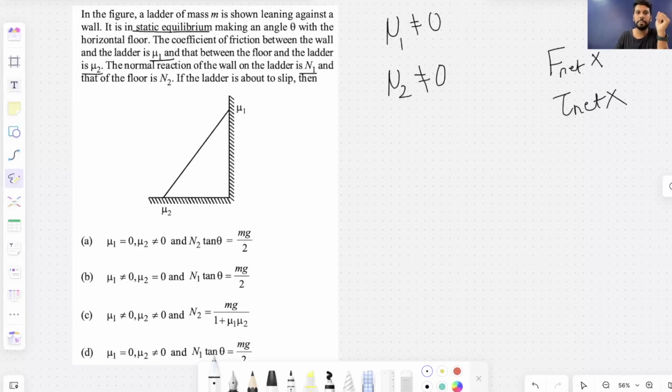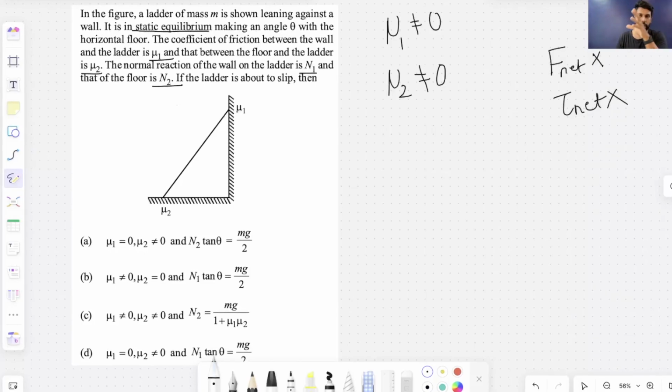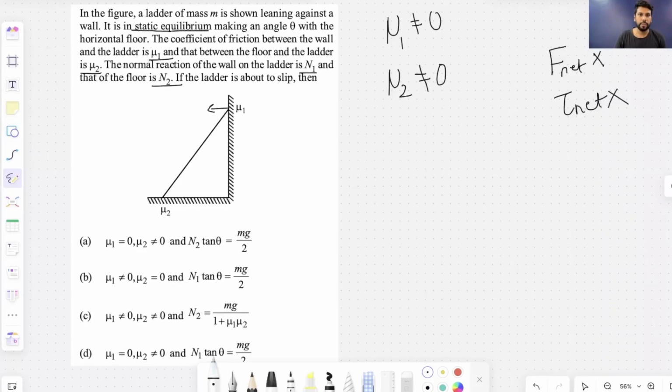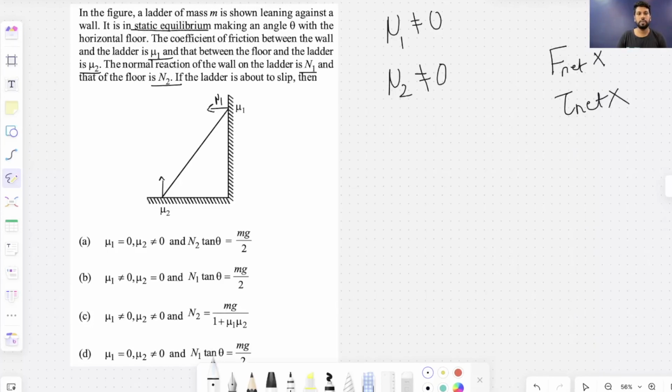Normal is already mentioned in the question, so first bring the normal. Normals are always perpendicular to the area of contact, the point of contact or the surface of contact. So here is my normal N1. This is the direction of N1. It is the normal due to the wall, and here is my N2. It is a normal, of course, due to the floor. I have my two normals here.